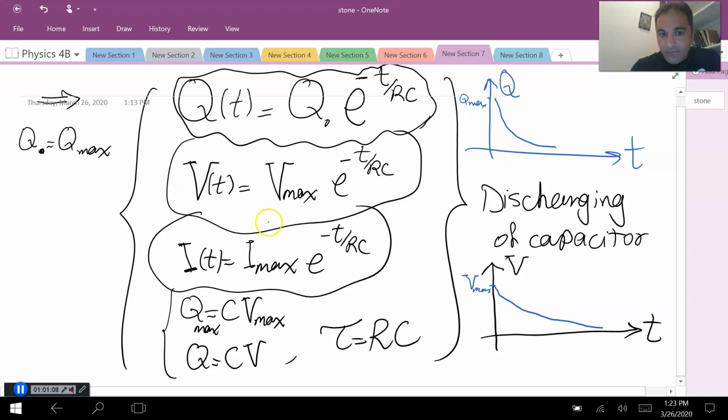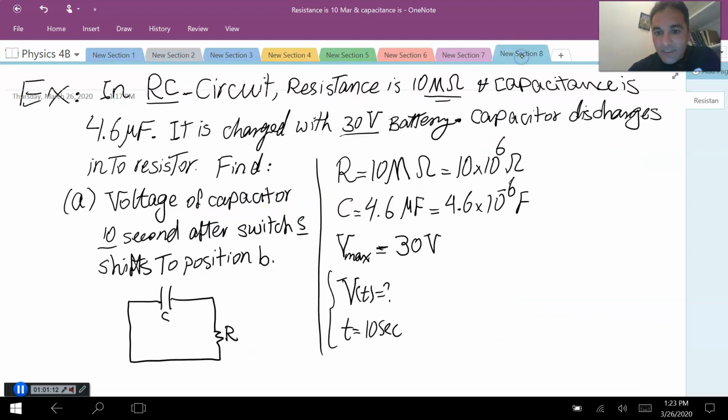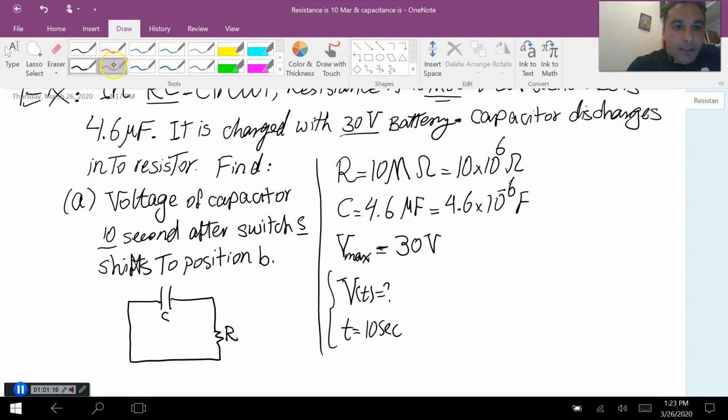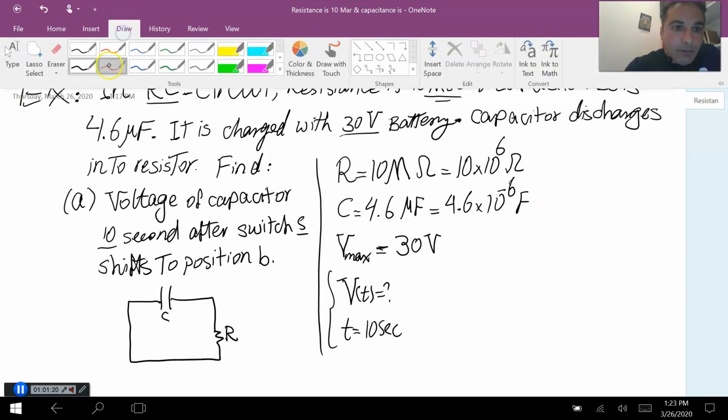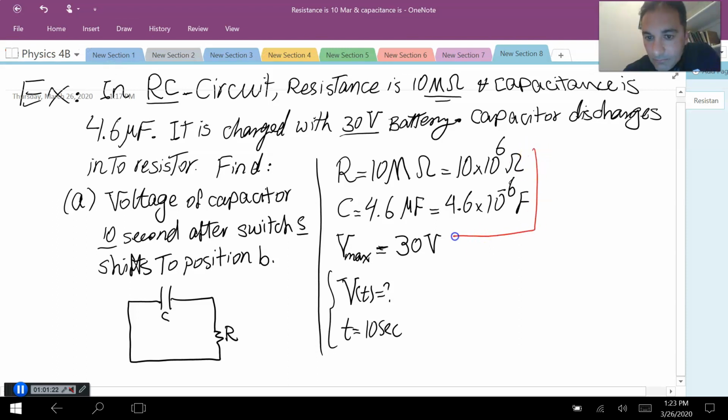The second one: Vt is Vmax e to the negative t over RC. So I'm going to use this equation.